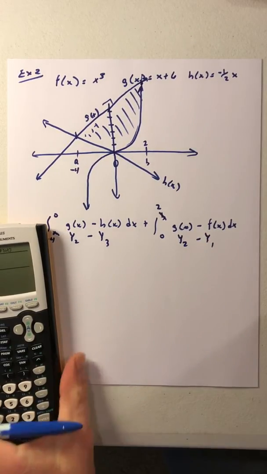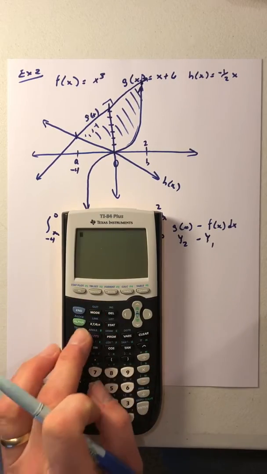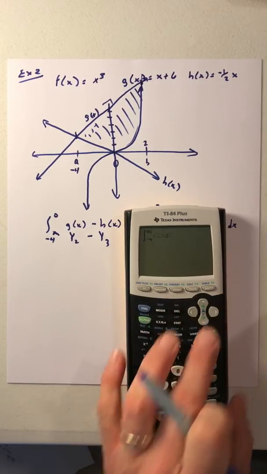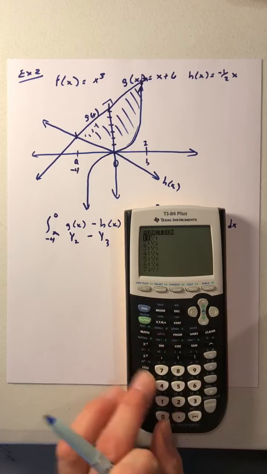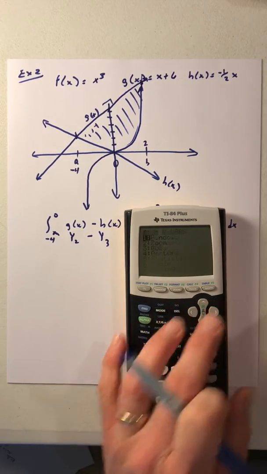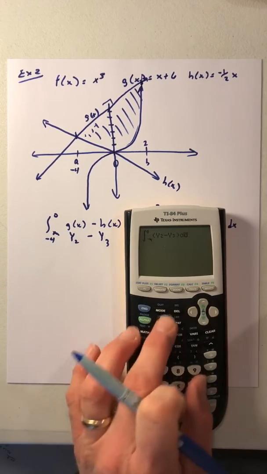So if I go back to my main screen, go to math, and 9, I'm going to integrate from negative 4 to 0 of y2, so vars, y vars, function, y2, minus vars, y vars, number 3, dx.